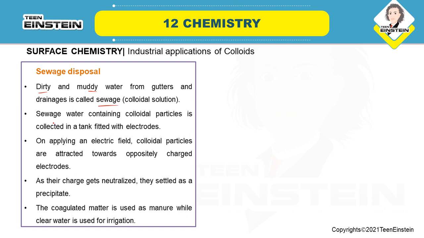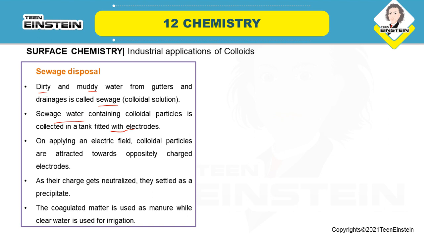First this sewage water, that is the dirty water, is taken in a tank, and the tank is fitted with electrodes. Now when we apply an electrical field, what will happen? There will be movement of the colloidal particles towards the oppositely charged electrode. Okay, and there will be charge neutralization, ultimately they will settle as precipitate.